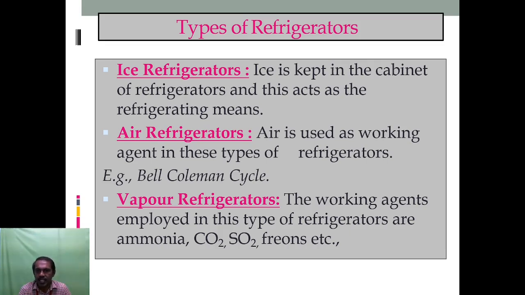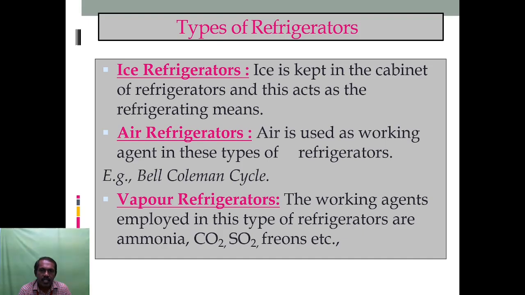The air refrigerator uses air as the working agent, for example the Bell-Coleman cycle. Next is the vapor refrigerator, whose working agents are ammonia and carbon dioxide.